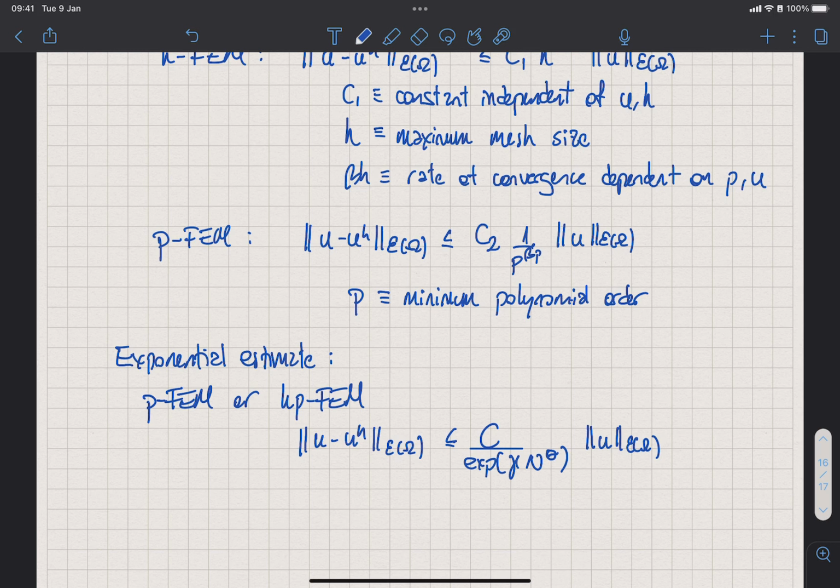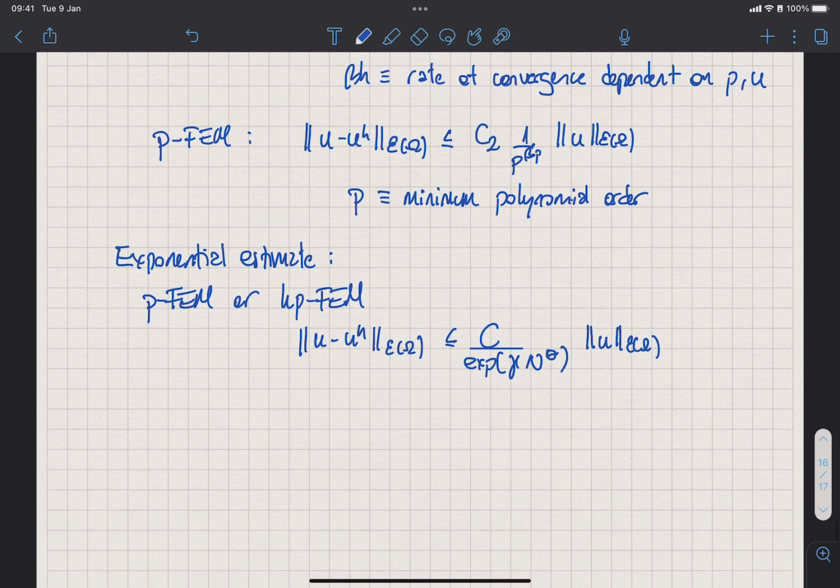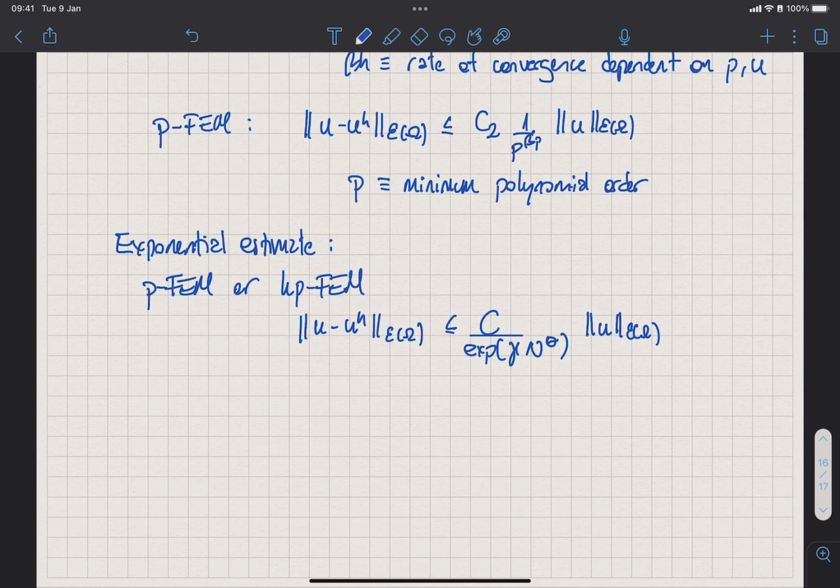But in p-FEM, we also like to think in terms of number of degrees of freedom, because the higher the polynomial interpolation order, the more degrees of freedom. And normally we do plot errors in energy norm as a function of the number of degrees of freedom. That is why the exponential estimate is expressed in the number of degrees of freedom.